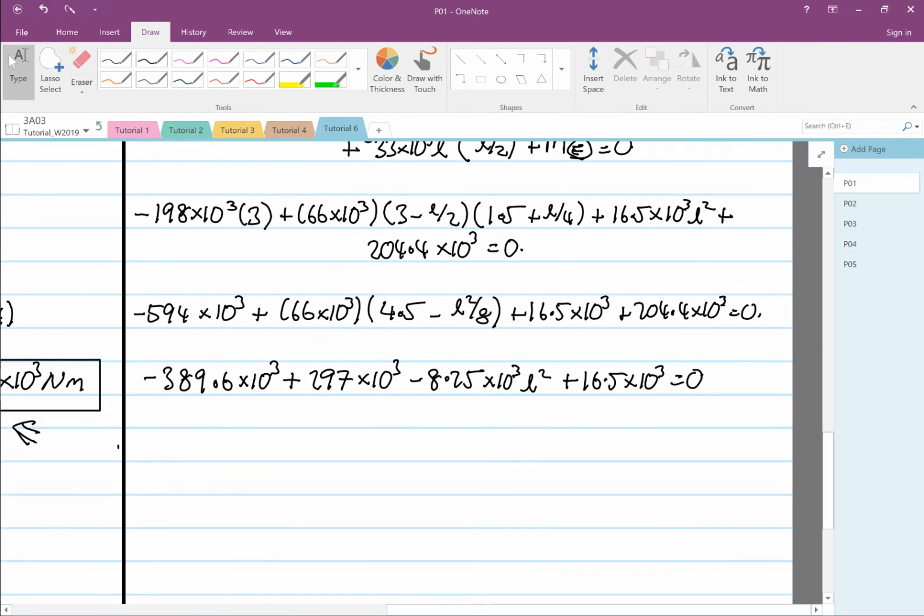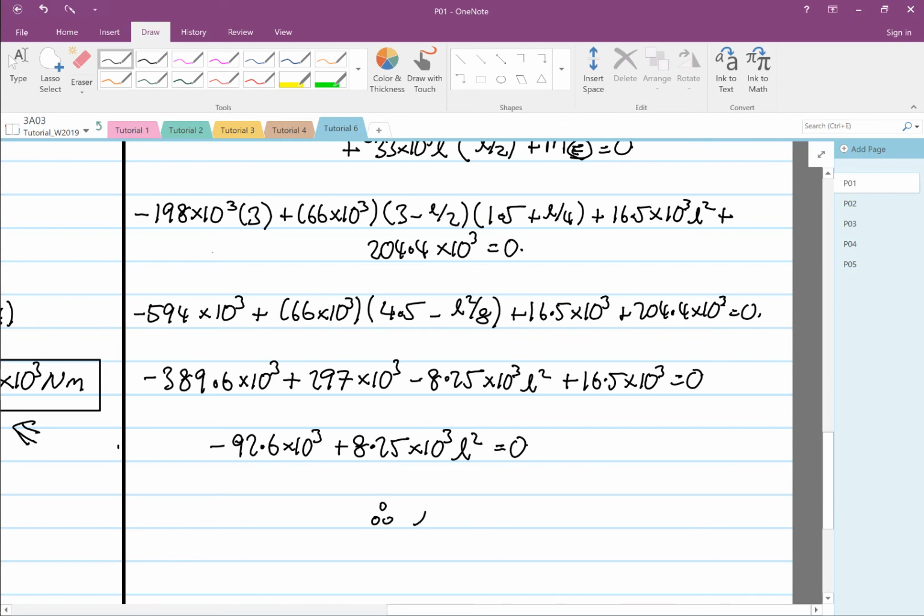Okay, so from here we come up with minus 92.6 times 10 to the power 3, then plus 8.25 times 10 to the power 3 L squared equal to 0.